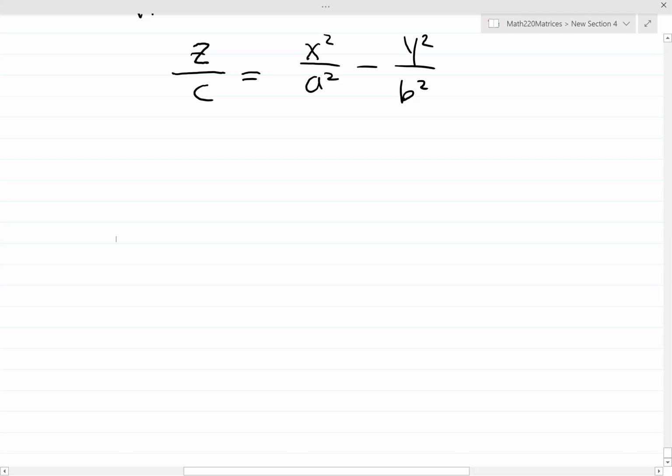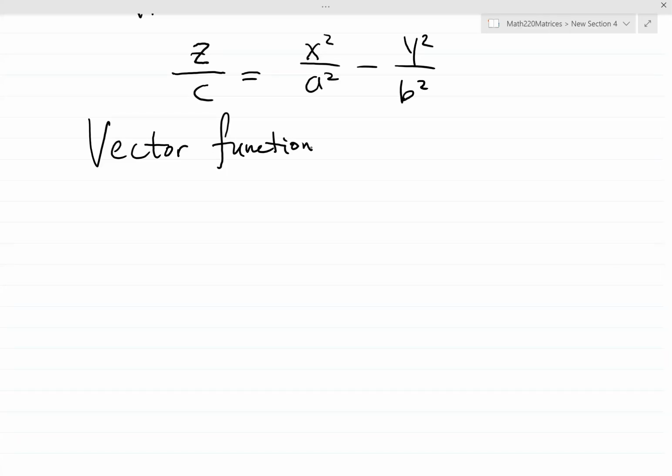So vector functions. This section is really easy. We actually saw this already when we solved vector form differential equations. A vector function is, for instance, the position function r(t) equals x(t), y(t), z(t).